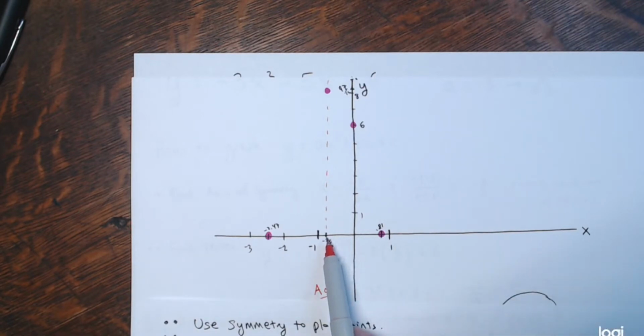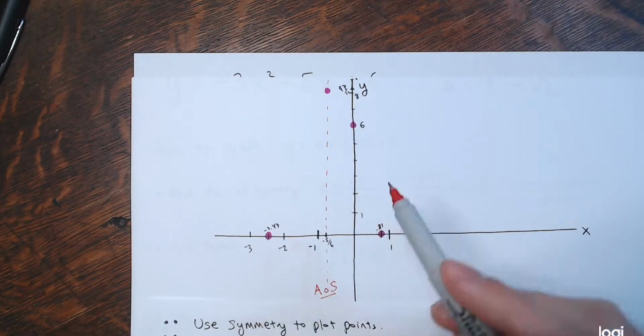The reason it's a line of symmetry is, if I go to a point to the right of the axis of symmetry, that's the same distance as a point on the left. So this distance here is the square root of 97 over 6, and so is this distance.